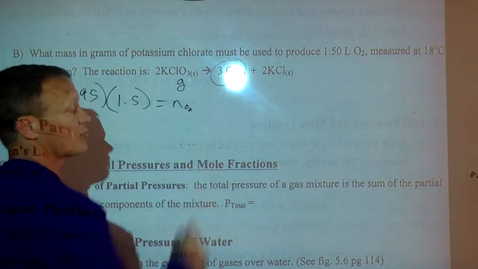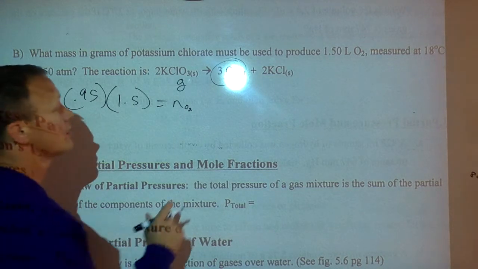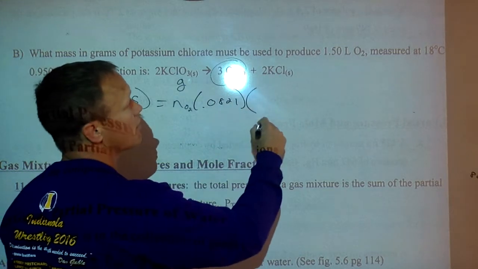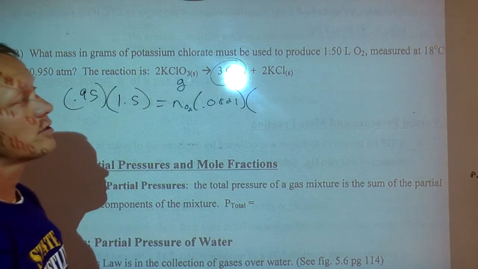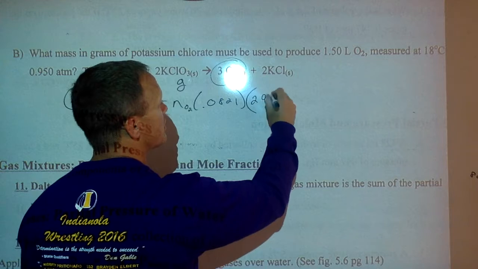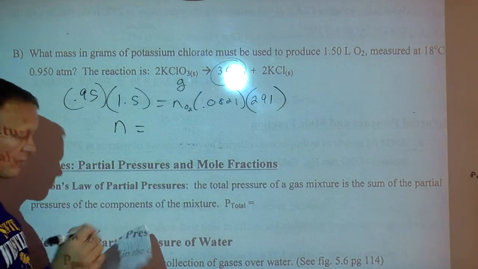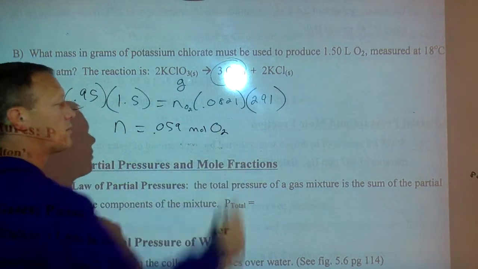Solving for moles, remember that is moles of O2. Sometimes I make a little note of that so we know what we're getting moles of. It's not going to be moles of potassium chlorate. R is 0.0821, and our temperature 273 plus 18 would be 291. Solve for moles. Our moles there is 0.059 moles of O2.